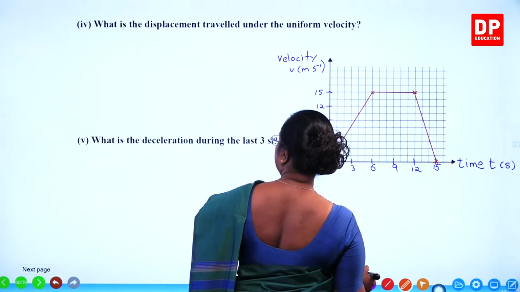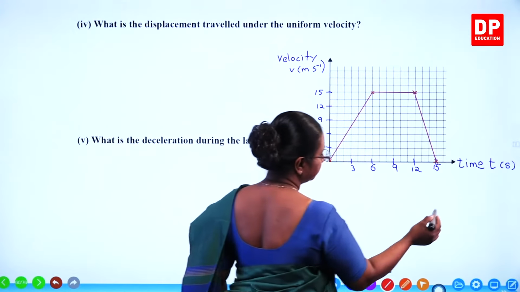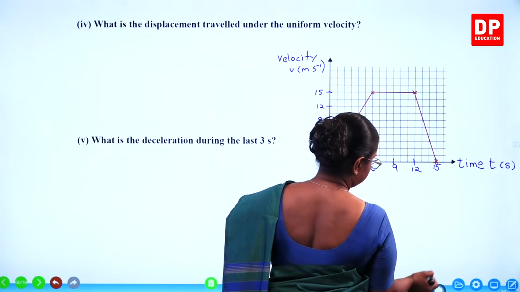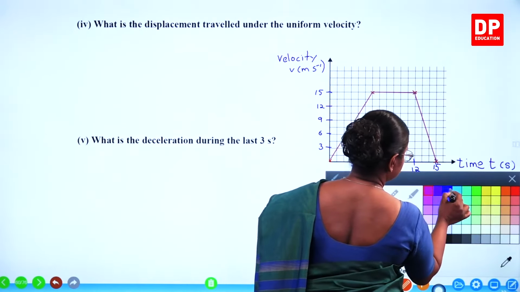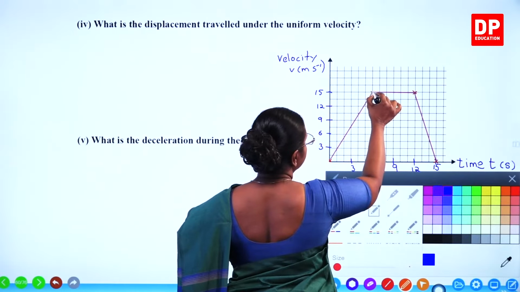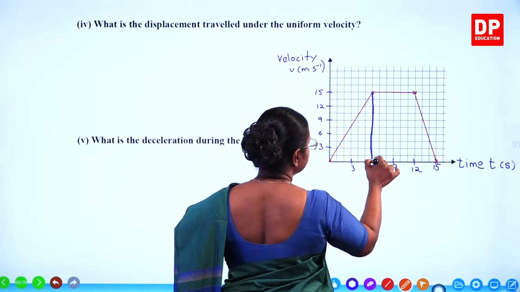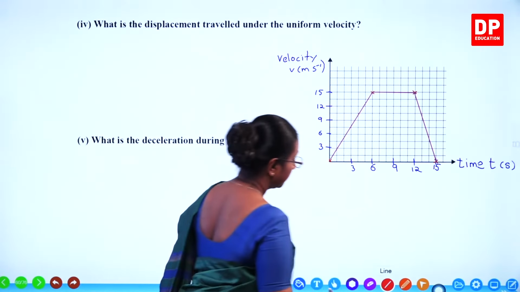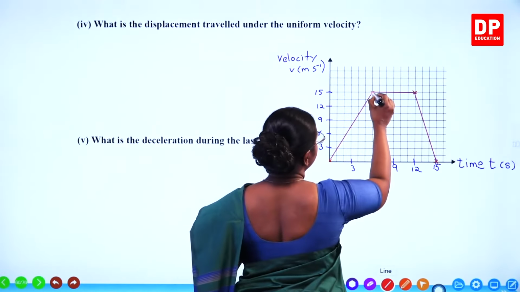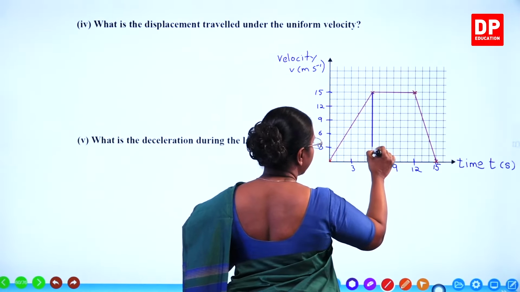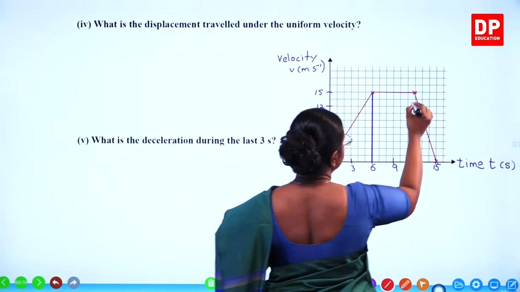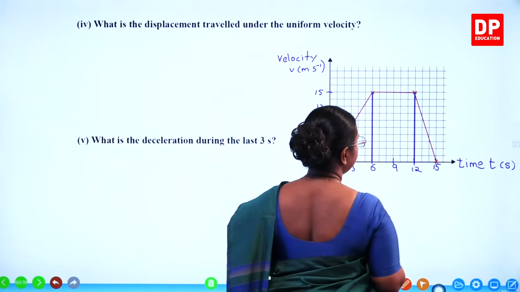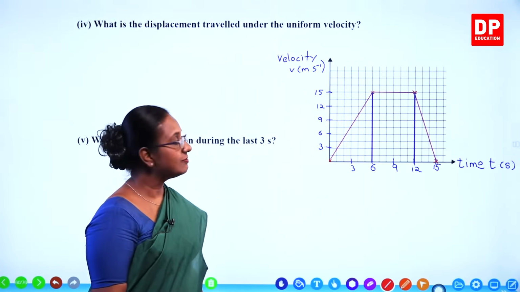If I highlight that part, you can see it's starting from this point where it reaches a velocity of 15 meters per second until it starts decelerating at the beginning of 12 seconds.